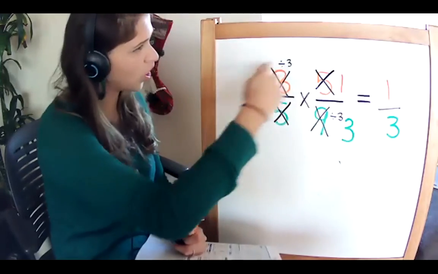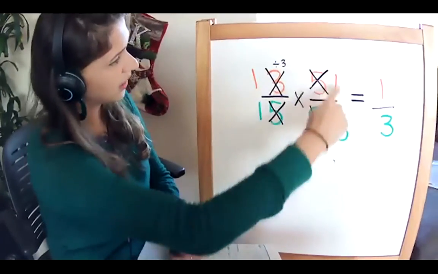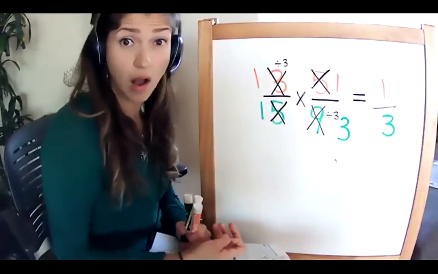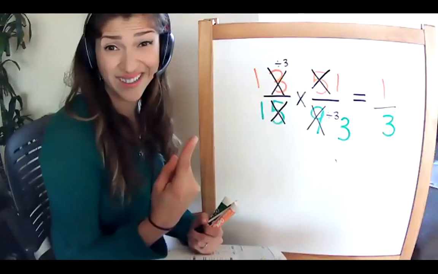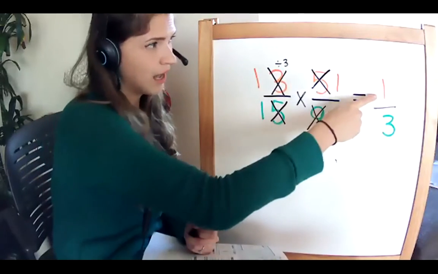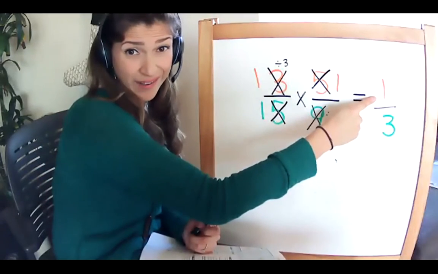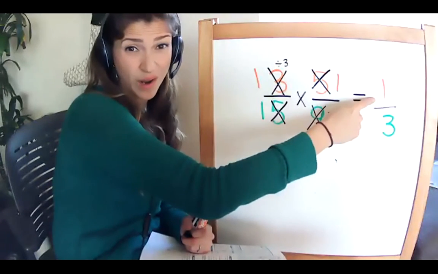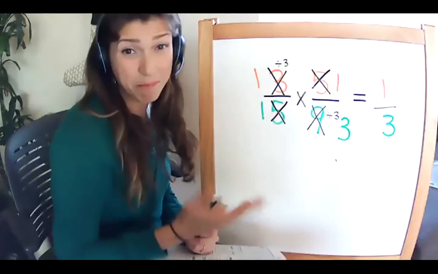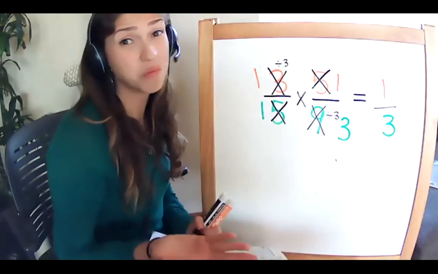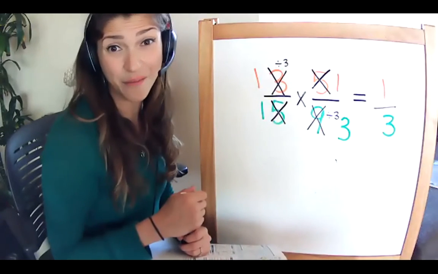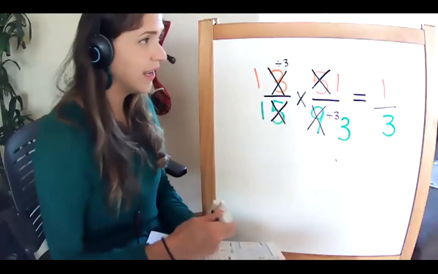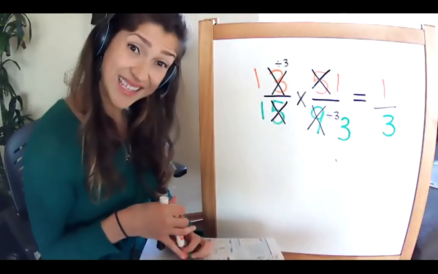So I saw there was nothing else that could be simplified. There were no other common factors besides 1. Second clue, I have a numerator that is 1, which means it can't be simplified any further, because 1 is the smallest number you can get in any fraction. So 1/3 is in fact in simplest form.